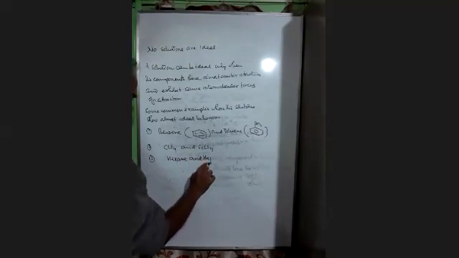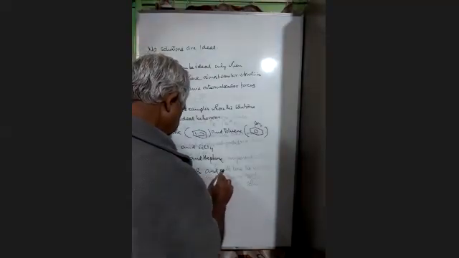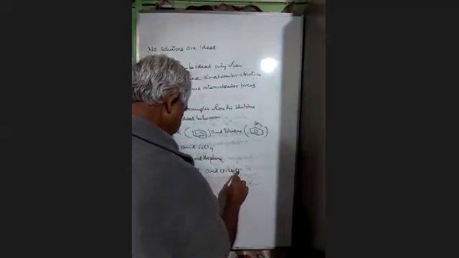See, hexane and heptane. Hexane has 6 carbons, heptane has 7. Only one CH2 group is extra. Then ethylene dibromide and ethylene di-iodide, etc.